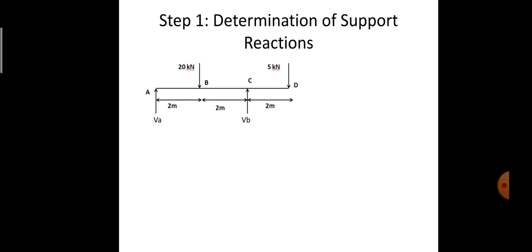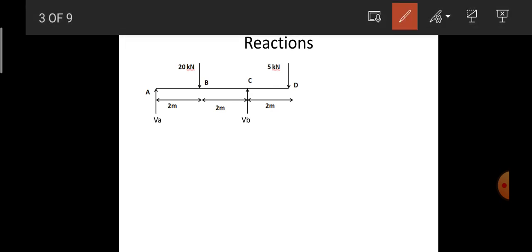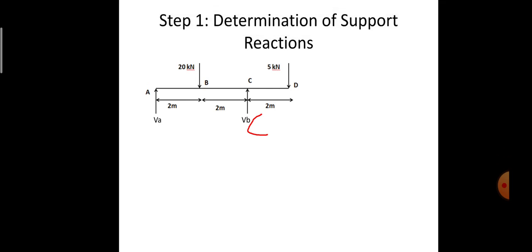Before determining the slope and deflection, the first and foremost step is to determine the support reactions.